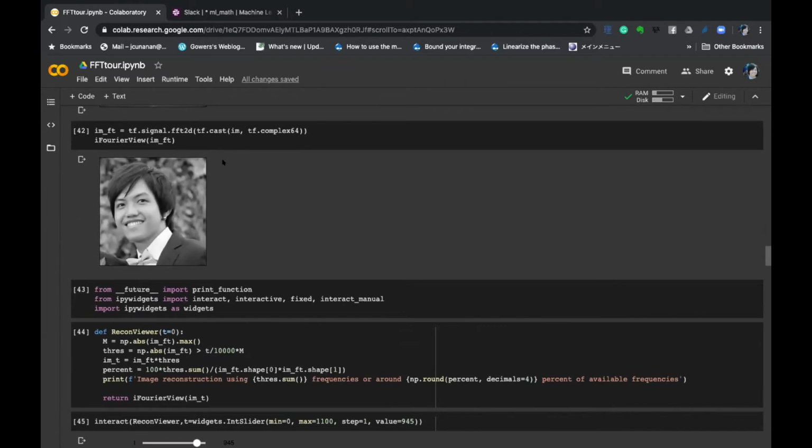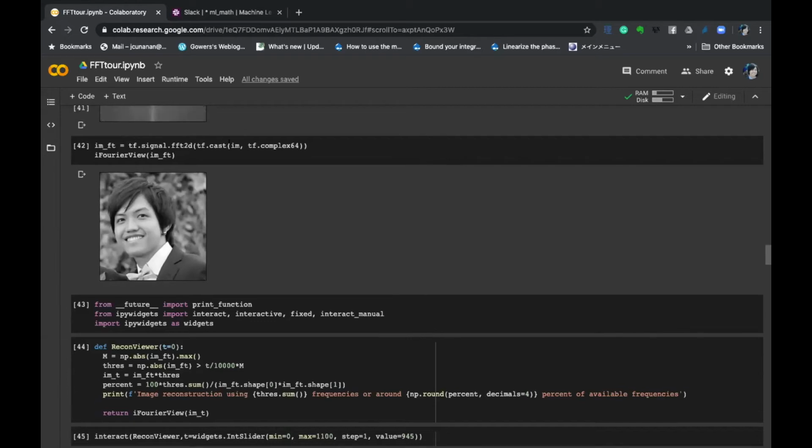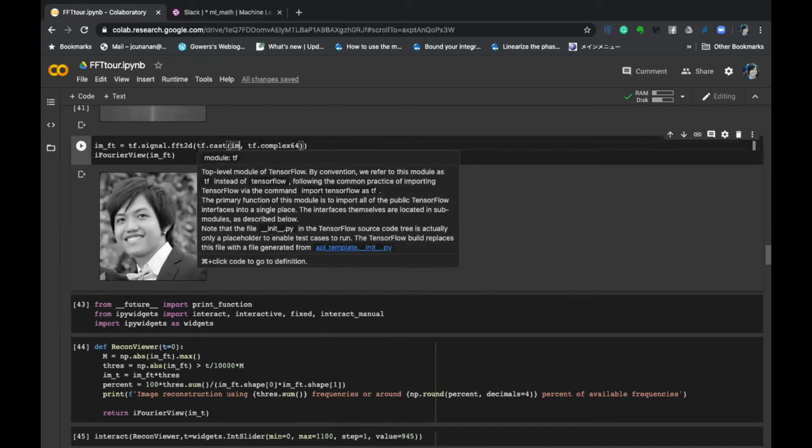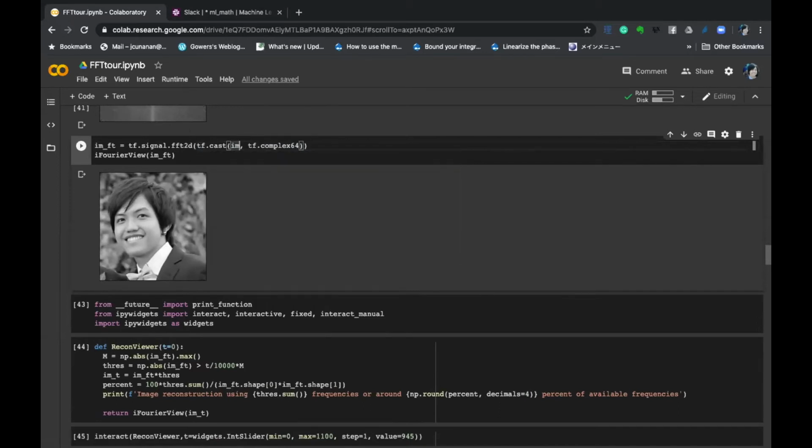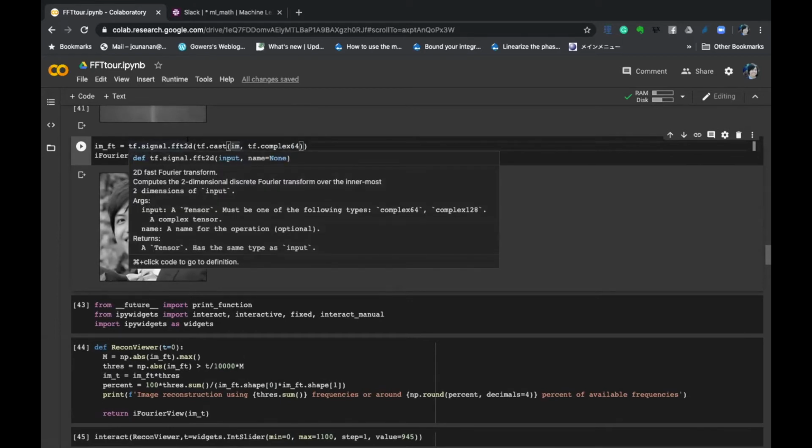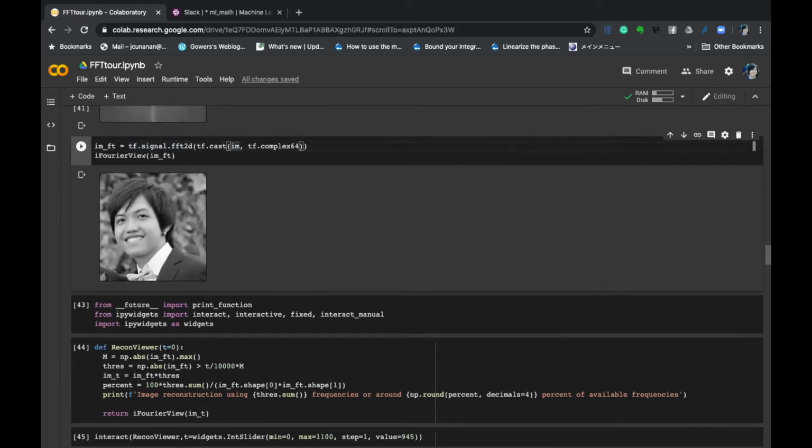Okay, so this is a reconstruction. As I mentioned earlier, you want your Fourier transform to move something from a complex number to a complex number. That's why we are casting an image first into complex numbers, and also because that is what TensorFlow asks for. Then taking the fast Fourier transform in 2D, and here I'm just reconstructing it.